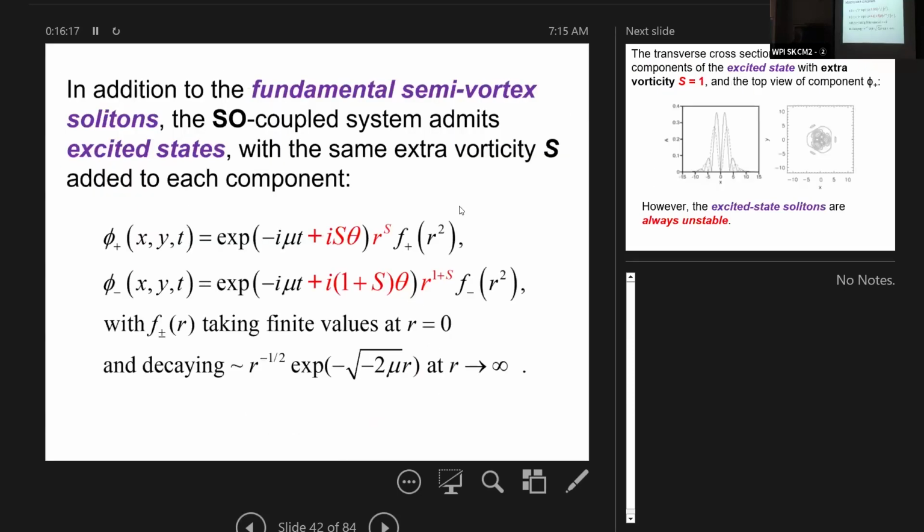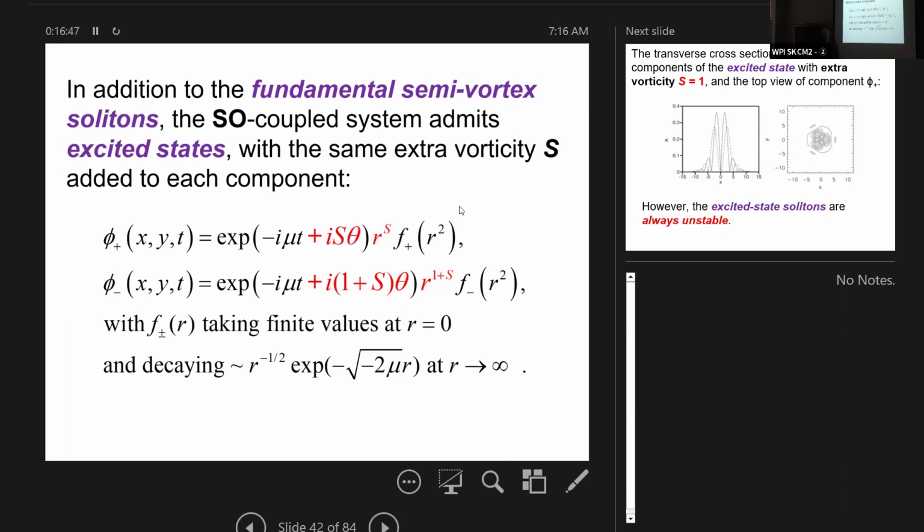Okay, so in addition, these semi-vortices may be called fundamental solitons. One can also construct higher order solitons, so to say, excited states. So the ansatz is written here. This ansatz again is exactly compatible with the spin-orbit coupling equations. Namely, now what we can do, we can add exactly the same integer vorticity S to both components.